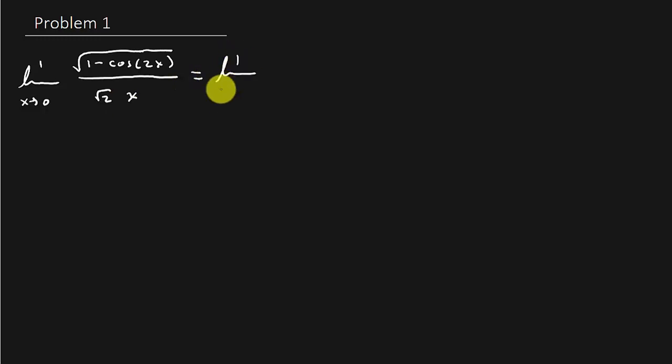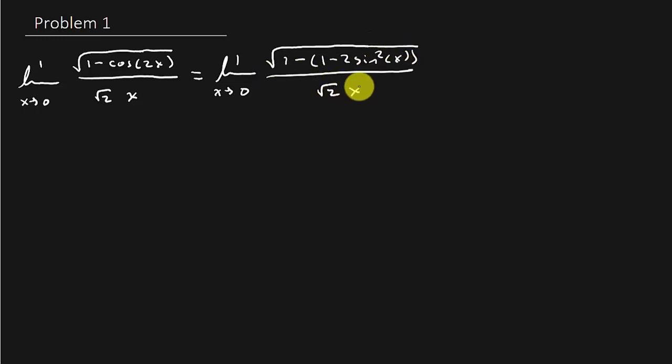So this is going to be the limit as x goes to 0. And yes, there might be some other ways to work it, but let's work it this way. So this is going to be the square root of 1 minus 2 sine squared x over the square root of 2x. Now where did that come from?